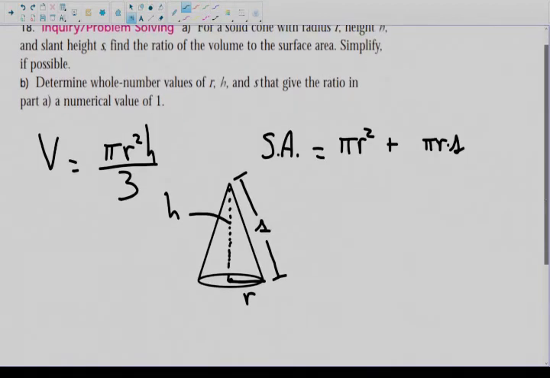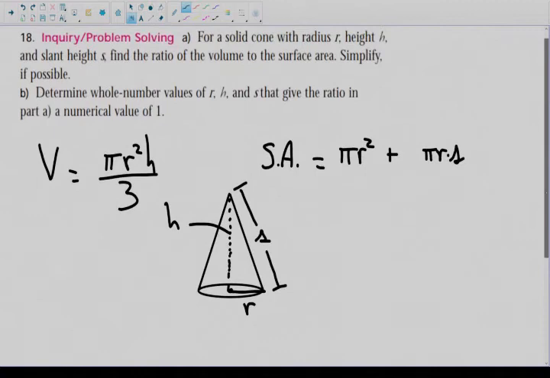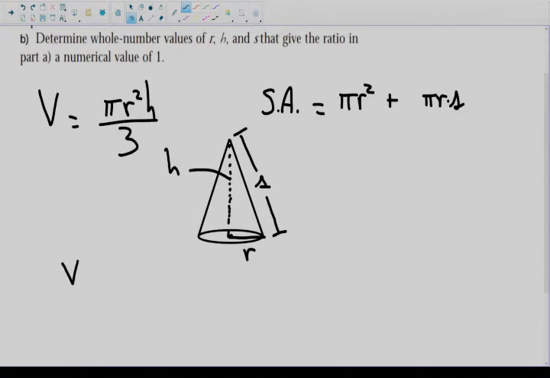Okay, so there's no numbers given, so we're just doing a straight algebra simplification, just like we were doing before. So they want the ratio of the volume to the surface area. So we're doing volume over surface area. All right.